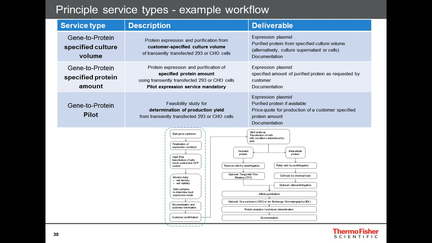So what we would do then is we make a small culture volume, transfect that expression construct, do the expression, also do a time course about the harvest day, do a purification, and then we know what yield we got from that particular culture volume, and can then upscale accordingly to meet the specified protein amount that you requested.